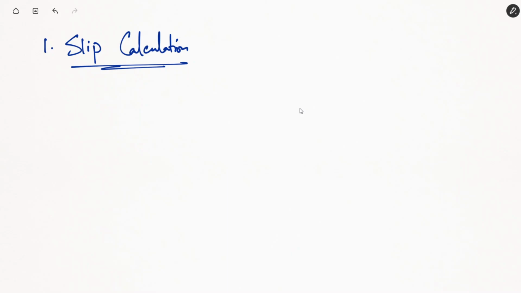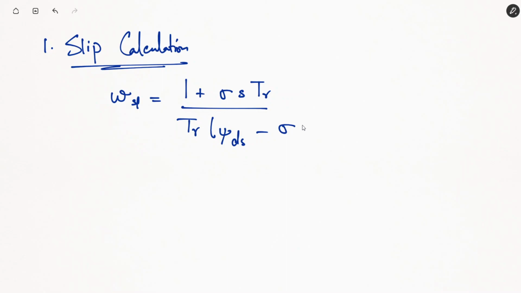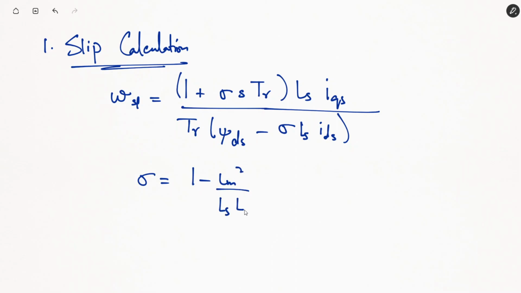Using this strategy, we can simply calculate the slip speed omega_sl using the machine's other parameters, with 1 plus sigma, where sigma is 1 minus Lm squared by LsLr, and Tr is simply Lr by Rr.